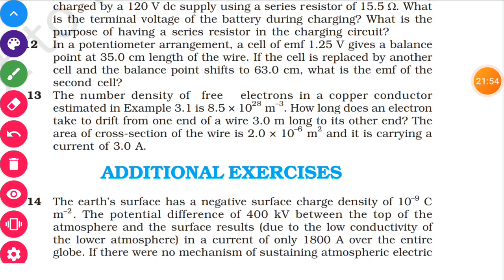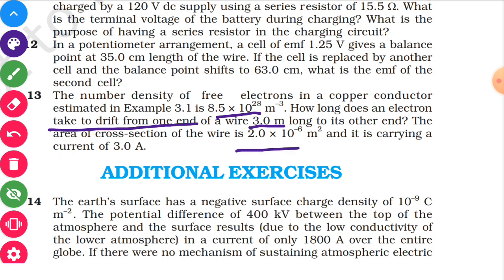Now the 13th one. The number density of free electrons in the copper conductor is given, estimated in example 3.1 as 8.5 into 10 raised to 28. This is the number density, the number of electrons per unit volume. How long does an electron take to drift from one end of a wire, 3 meter long, to the other end?